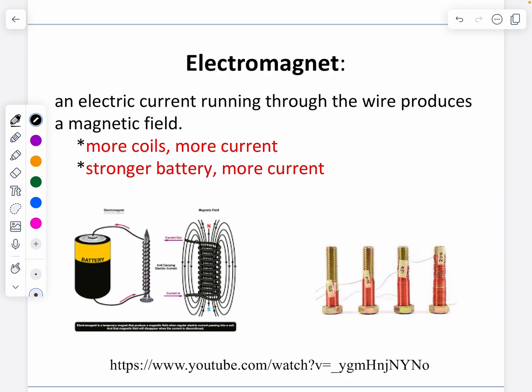Let's say that my nail is magnetized, but it's just not a strong enough magnet in order to pick up all of the paper clips, or maybe I have some heavier object than the paper clips and I just need a stronger magnet to accomplish that. Well, there are a couple of things that you can do in order to make your electromagnet stronger. You can simply wrap that wire around more times, give it more coils around that iron, or you can just use a stronger battery, okay?